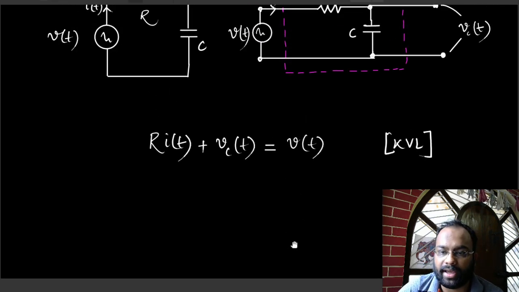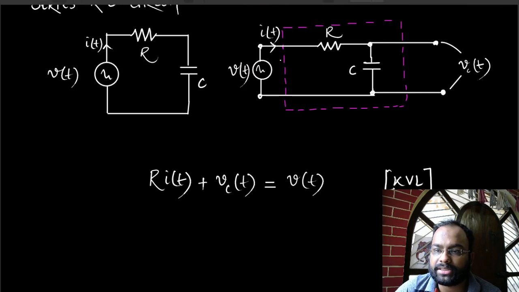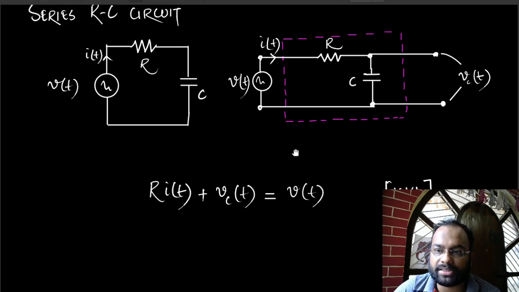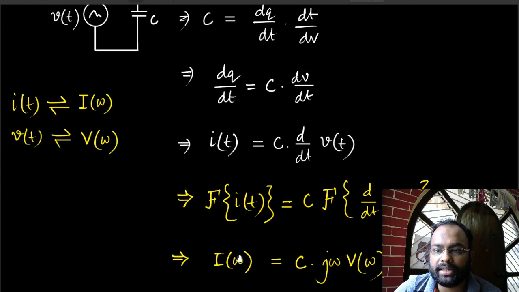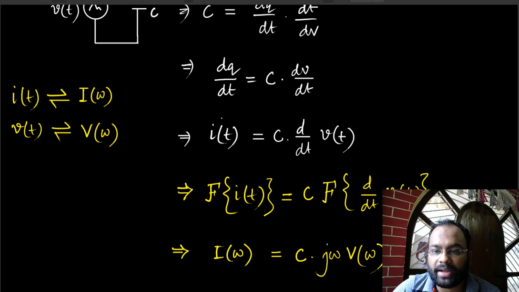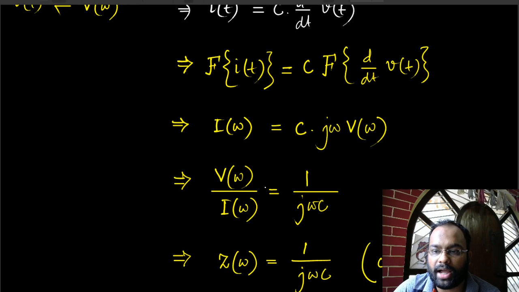Now what is the current that is going through the capacitor? The same current that is going through the resistor is also going through the capacitor, right? And from the capacitor's definition, we know that the current through the capacitor is equal to C times the derivative of the voltage across the capacitor.